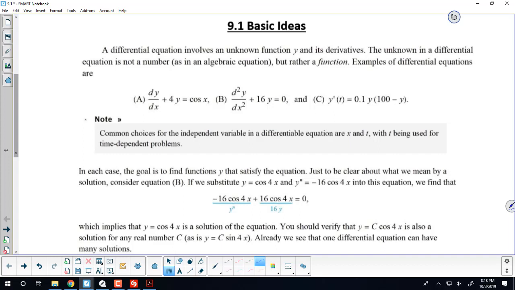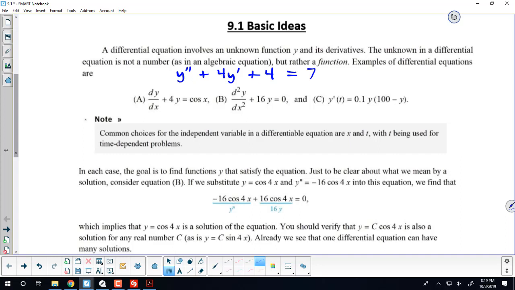Your goal is to figure out what function satisfies those derivative equations. For example, if I had y double prime plus 4y prime plus 4 equals 7, that's a differential equation.